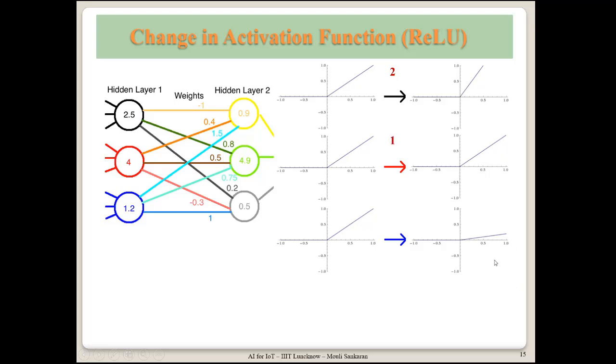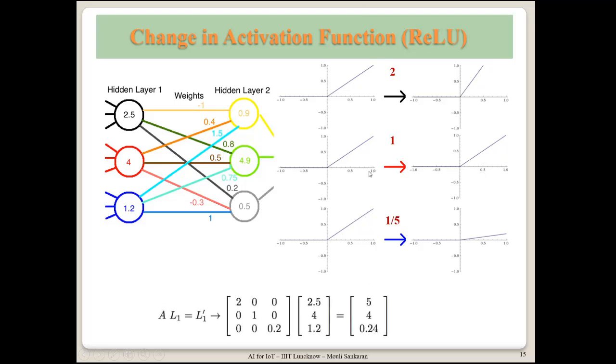So I can suppress this to 1/5 of what was earlier. How do I do it? I can do it by an identity matrix. Earlier it was 1 1 1. Now I am changing it to 2, 1 and 0.2, and then I multiply the values which have been computed by these nodes based on these inputs.